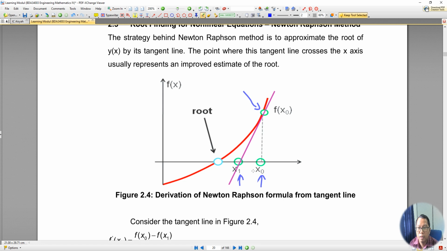Based on this, this is the iteration. The first iteration is by using the initial value x naught, and then the second iteration by using x1, x2, and so on. From here you can see that the value of x gets near to the exact root value.